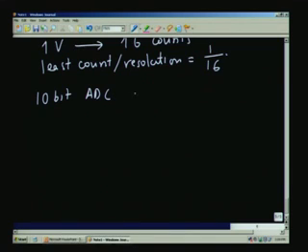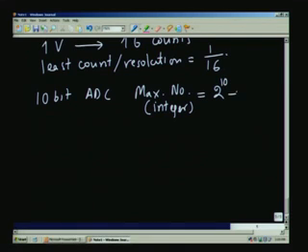The maximum integer that can be represented is given by 2 to the power of 10 minus 1. This is 2 to the power of n minus 1, where n is the number of bits. In this case, it comes out to be 1023. And if I include the 0, there are 1024 levels starting from the lowest value.